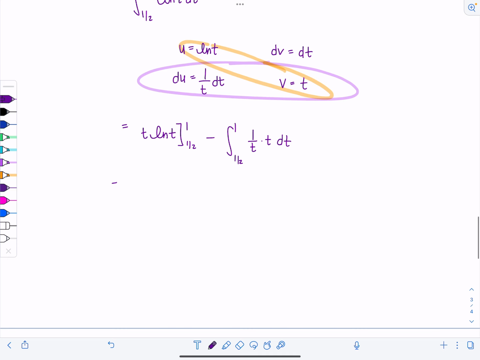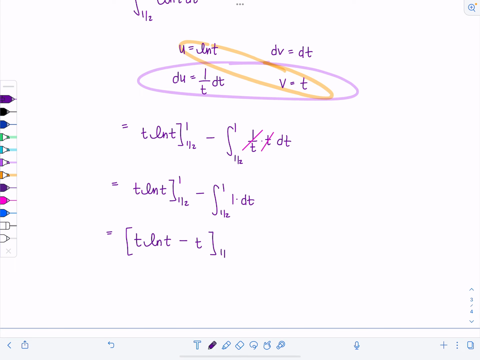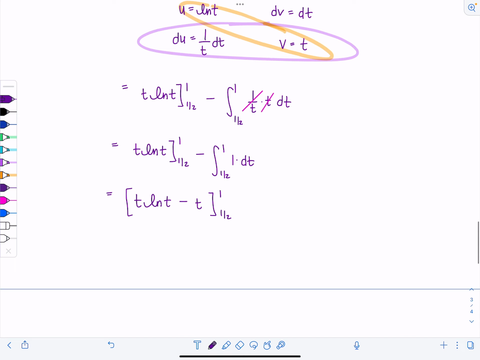All right, then we're left with t ln of t evaluated from 1/2 to 1 minus, oh look, this is so lovely, 1 over t and t cancels. So then we just have the integral from 1/2 to 1 of dt. There's a little 1 sitting there. We don't need to write it. So t ln of t minus the antiderivative of 1, which is just t. And then now I can evaluate all of this from 1/2 to 1.